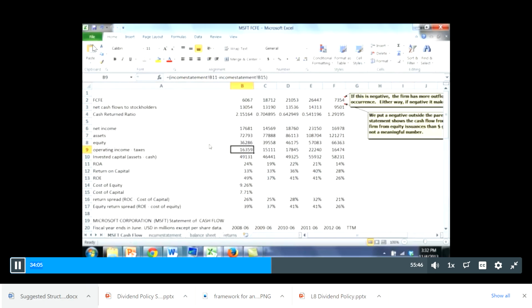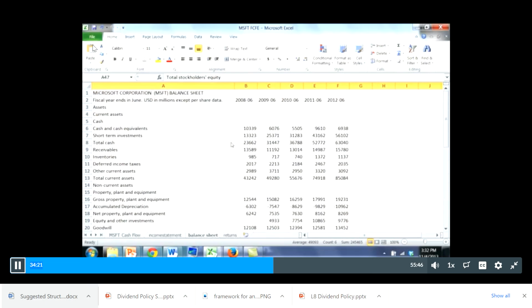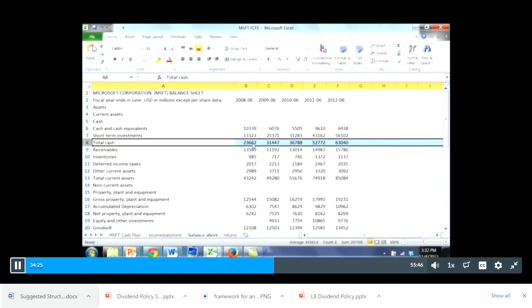Okay, so then I am also going to calculate invested capital, right? So what that is, my total assets number minus the cash on my balance sheet. And here, for Microsoft, I would be using total cash, right? That's cash and cash equivalents plus short-term investments, right?